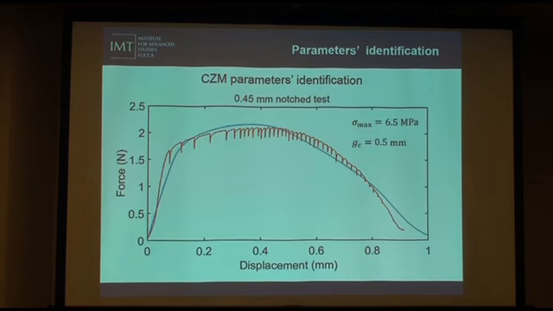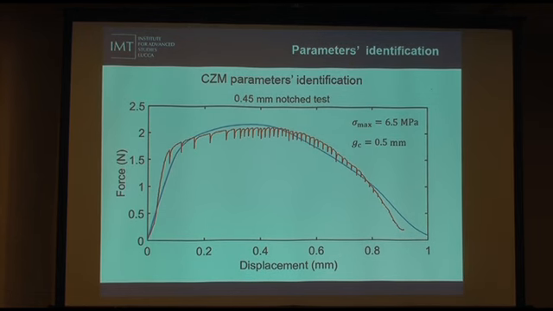Finally, we get the best fit for the first displacement curve of the 0.45 millimeter notched test with a sigma max of 6.5 megapascal, that is around twice the sigma yield, so it's an acceptable value, and a critical opening of 0.5 millimeter, that is not really acceptable because it's at least 3 orders of magnitude from the real value.